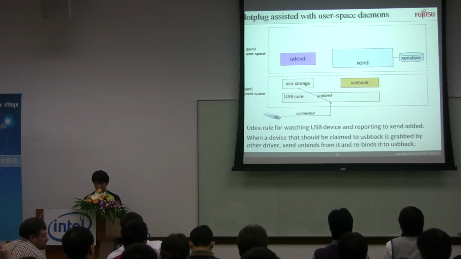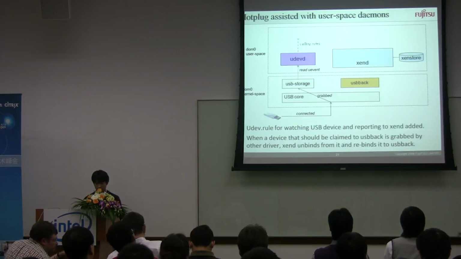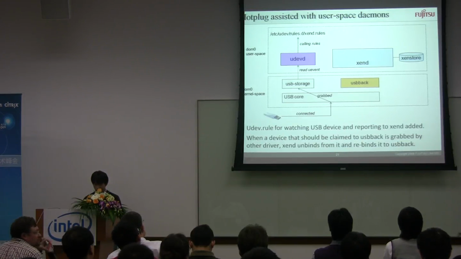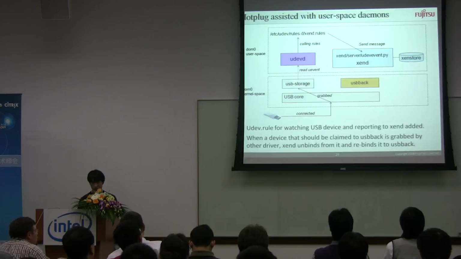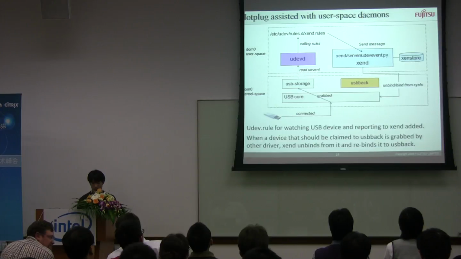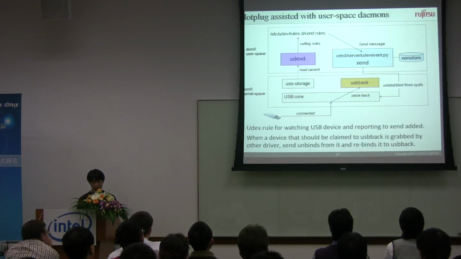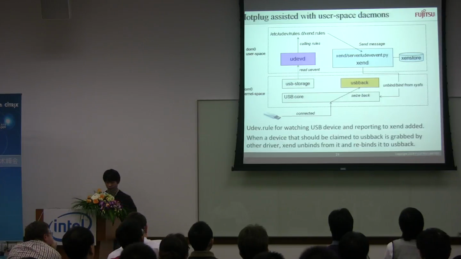So we added a new UDEV tool for watching USB device connection, and this will send a message to Xend. Xend passes the message and unbinds the device from the other driver, and rebinds it to USB back. So USB back can successfully take over the device in this way.